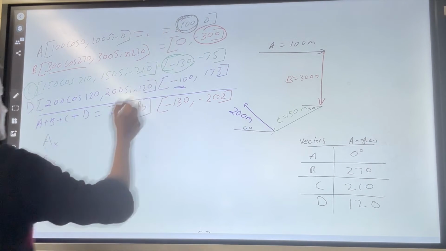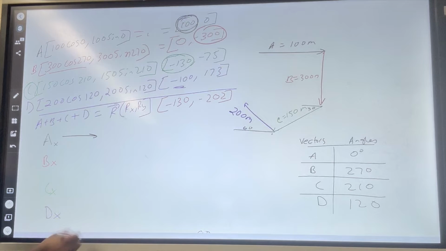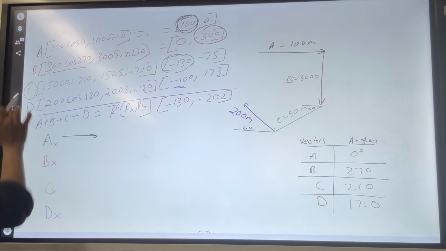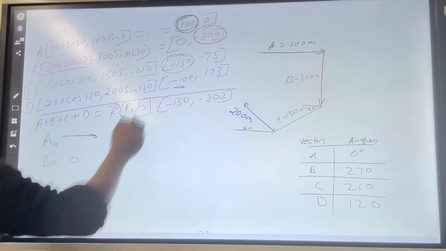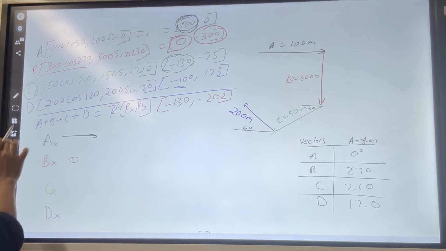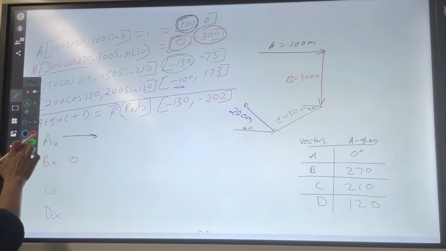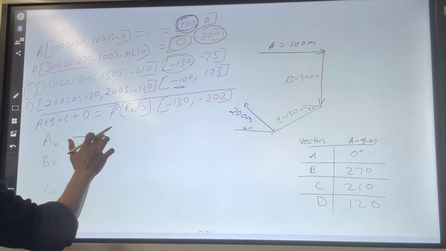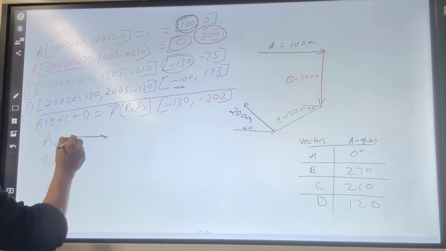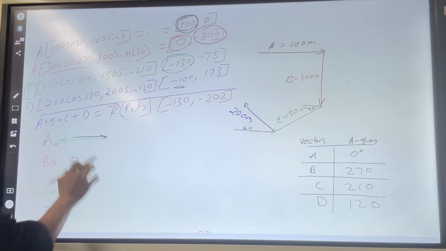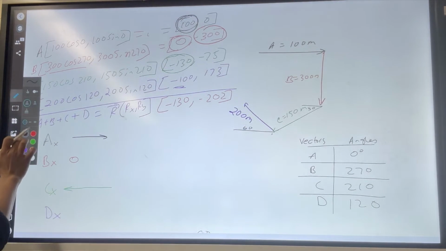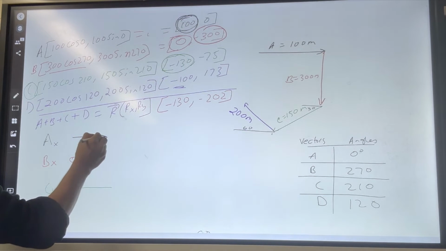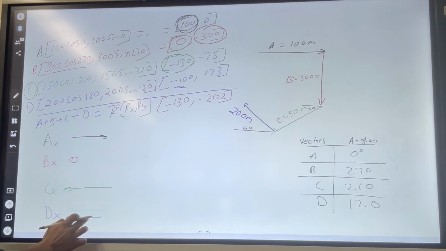BX is 0. CX is negative 130. If this is 100, 130 should be a little bit bigger than 100. DX is negative 100, so it should be equal in magnitude, opposite in direction.